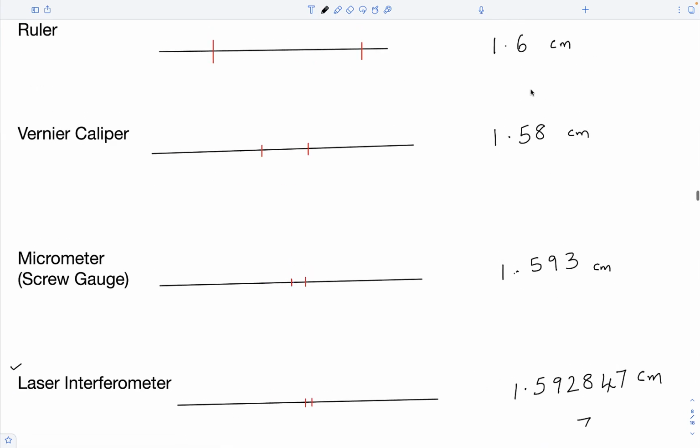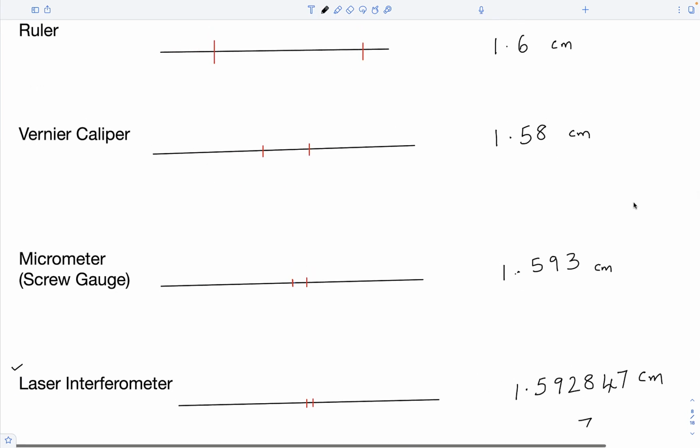And as you know, in every measurement, the last digit is an estimated digit, so there is some uncertainty in the value of that digit. That's why it's called the doubtful digit. And we are 100% certain about the values of all other digits present in the measurement.